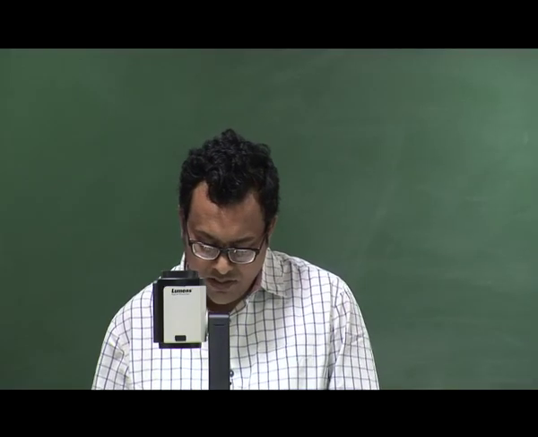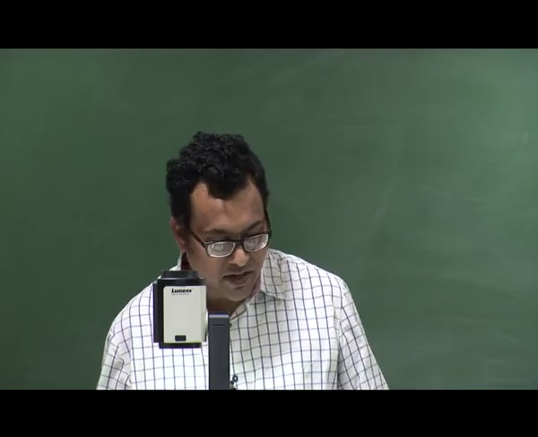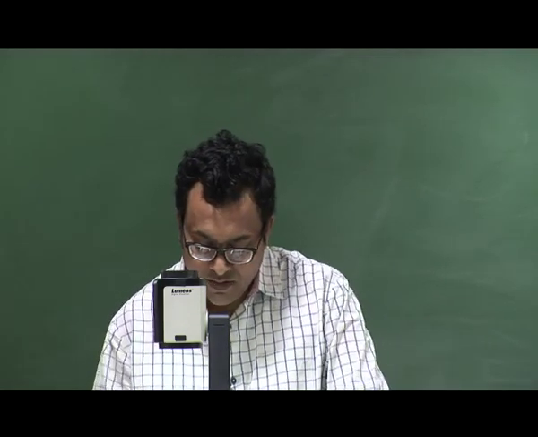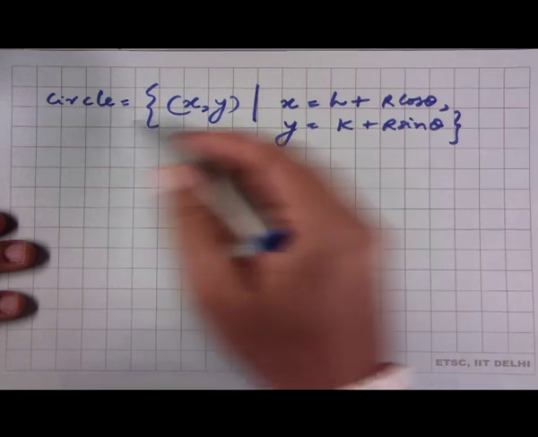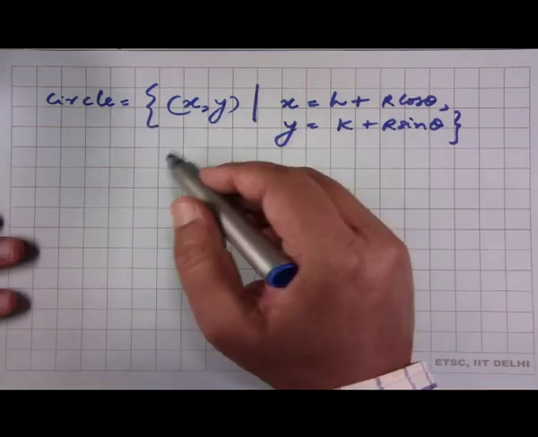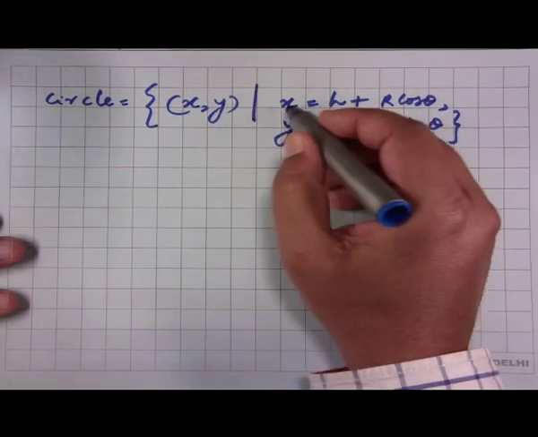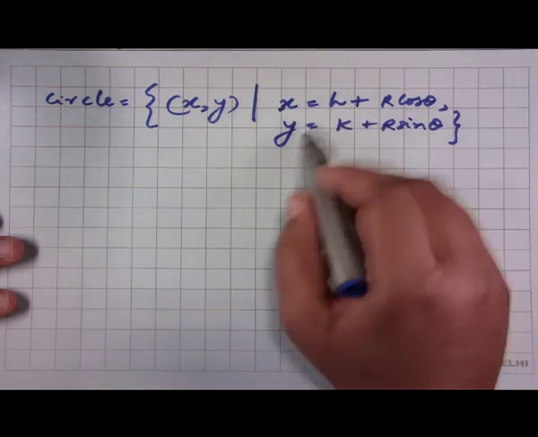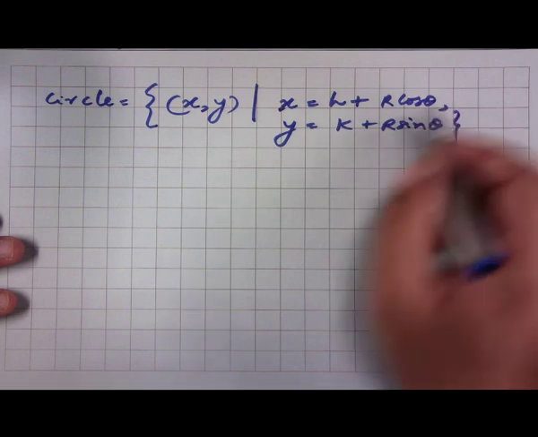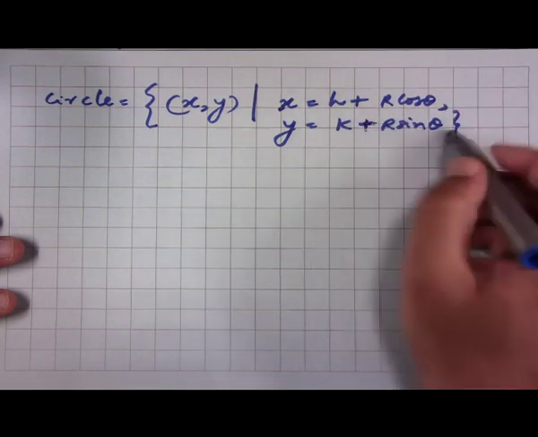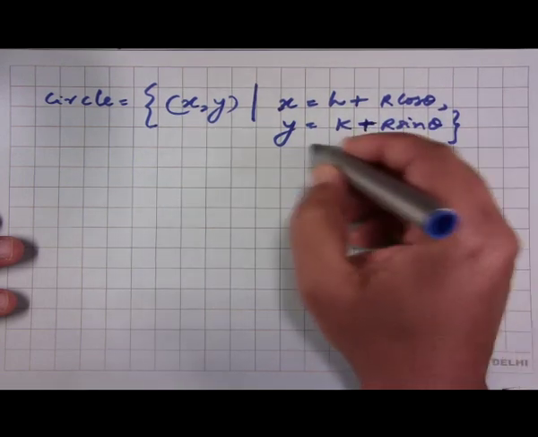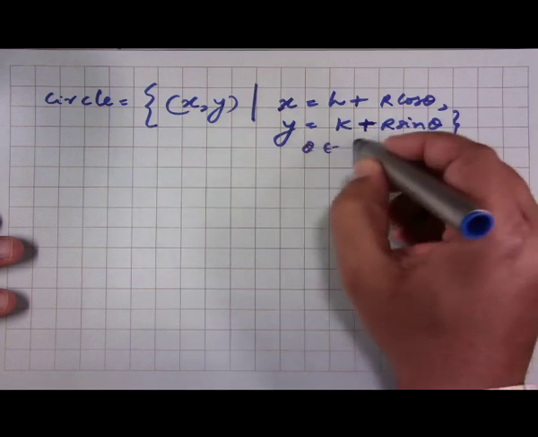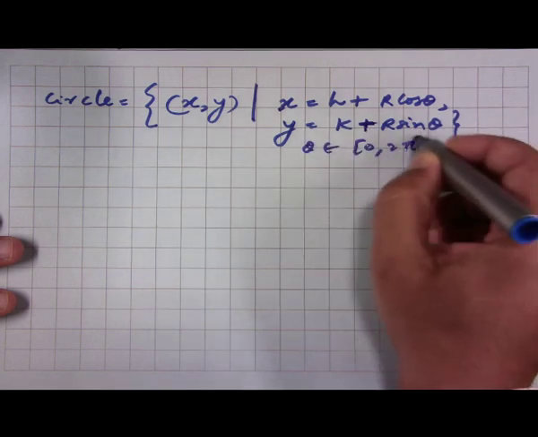So, with both these arguments, what we can conclude is that the circle is nothing but the set of all points x and y, where the x and the y coordinate are essentially h plus r cos theta and k plus r sin theta, theta belonging to the interval 0 to 2 pi.